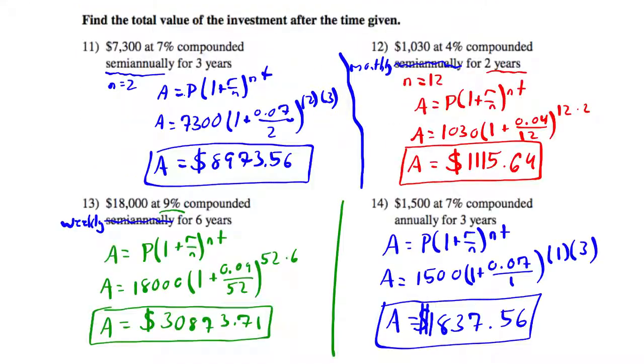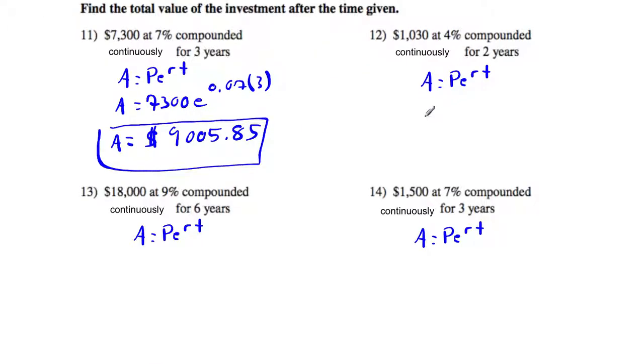So we can compare that with what we had before. So it's a little bit more. Not a whole lot, but a little bit more. The account balance here will be 1030 e to the 0.04 times 2.